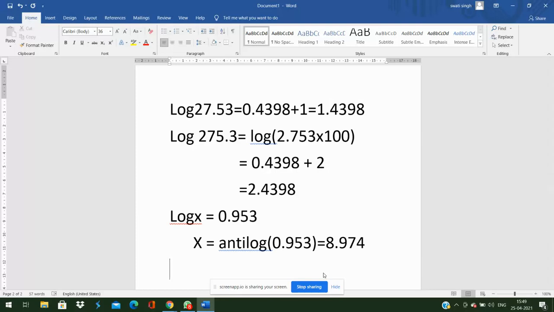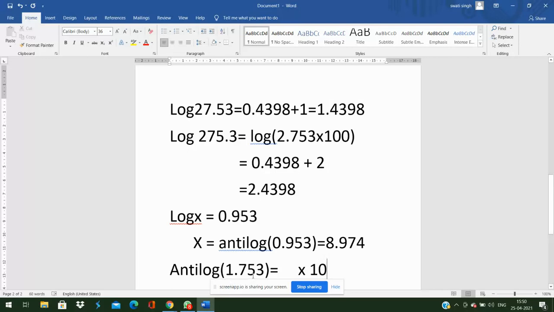There is one more process also. Like if we are using a value, this is antilog under bracket 1.753. So now how will we get its value? The value which is before the decimal will be the exponent of 10. So it is written as 10 to the power 1, we can write it as 10.